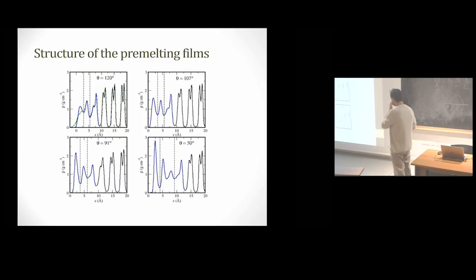Okay? Now, notice that within my pre-melting film, I have the wall adsorption layer that I have studied. This is the ice adsorption layer, which is always stick. And in between, I have this region, which you could claim is the quasi-bulk region of the quasi-liquid layer.